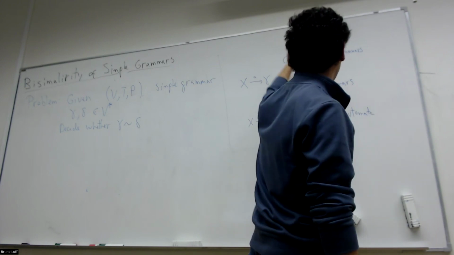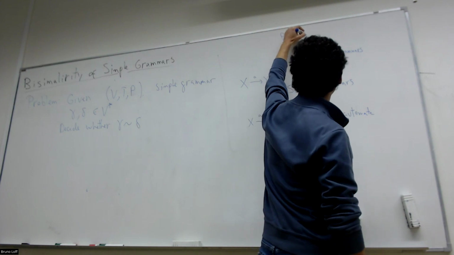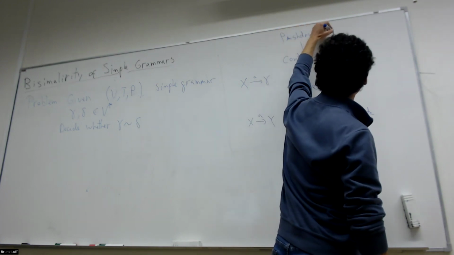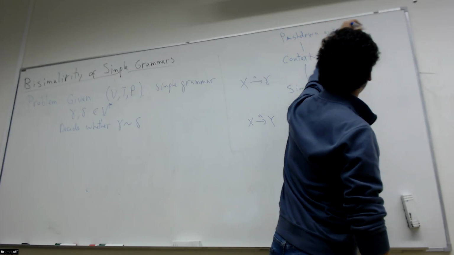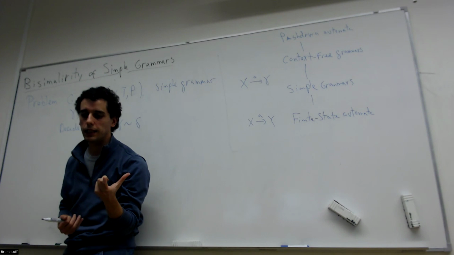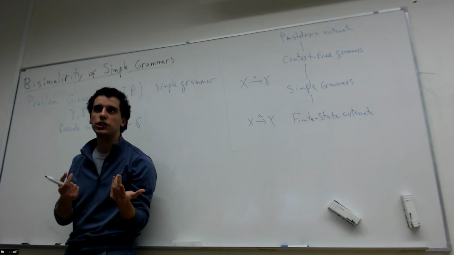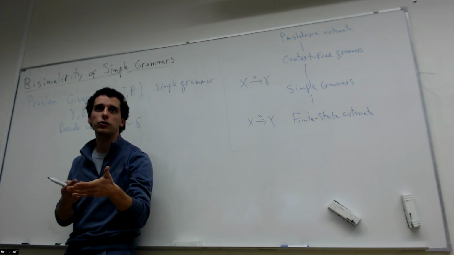And then conversely, you can push this up to pushdown automata. The idea is that in pushdown automata, you have a stack of symbols and the state, and your transitions may push something onto the stack.